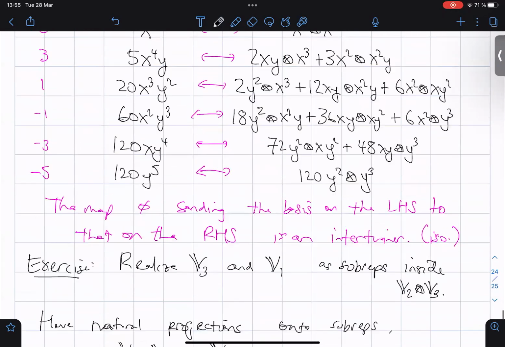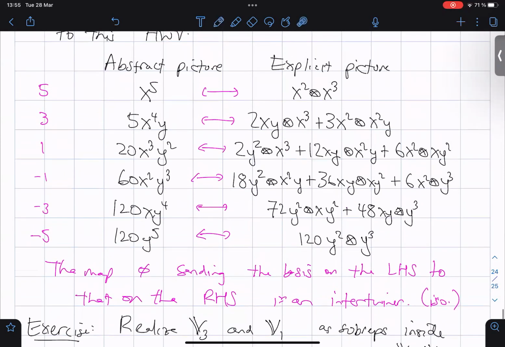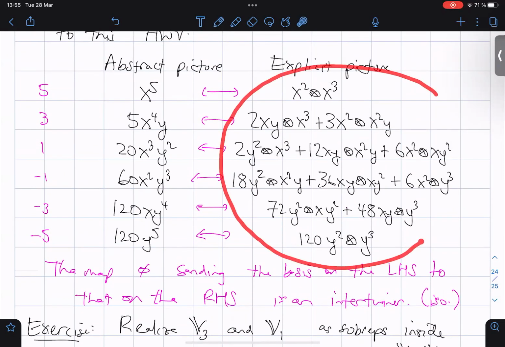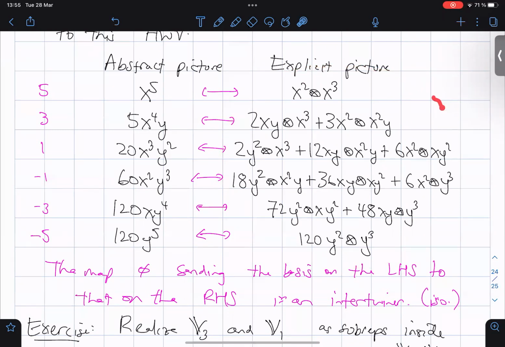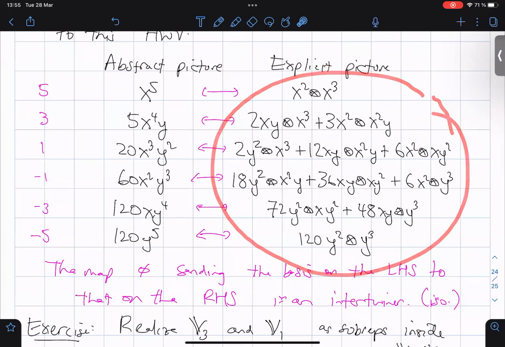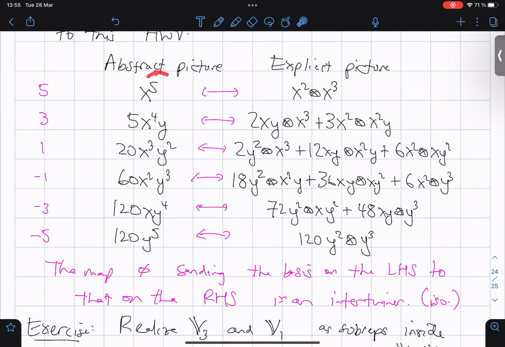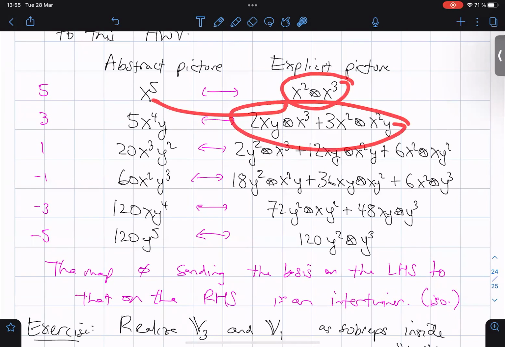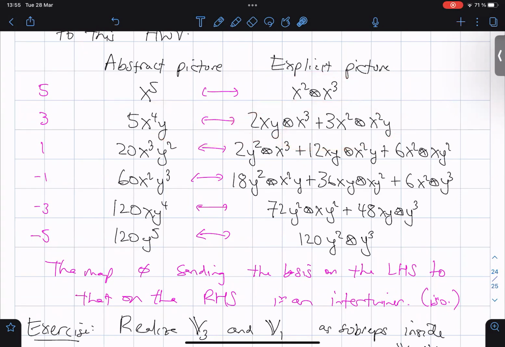So for instance, over here, how do I get from here to over here? Notice that we have coefficients here.